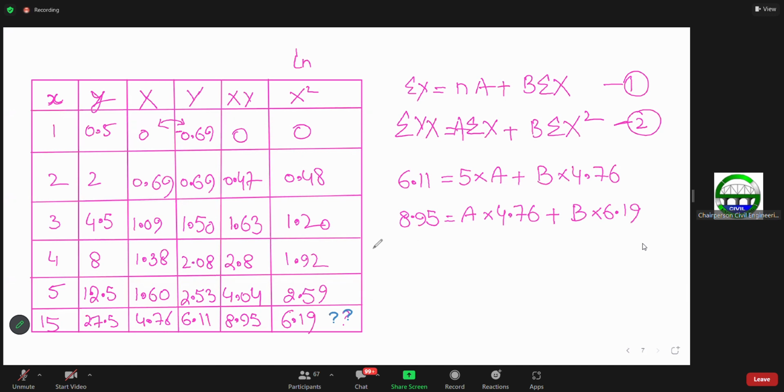Okay, so let's calculate this one. Please calculate and let me know the answer.